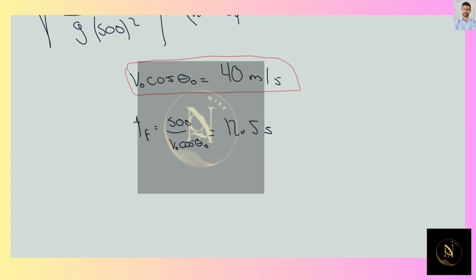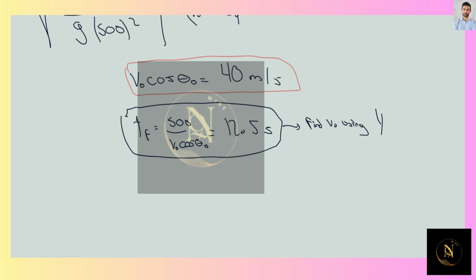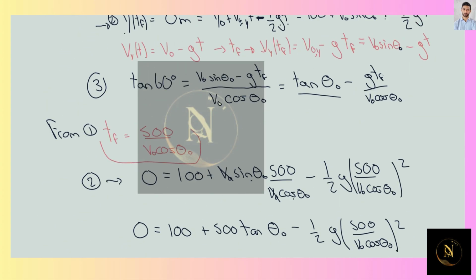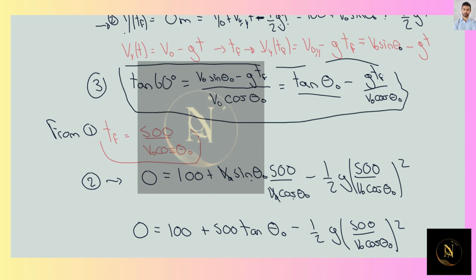We're going to use this time in order to know what should be the value for b0 using the equation of y as a function of time. And additionally, we're going to use the equation that we found for tangent, this equation over here. Since we already know the final time, we can know what is going to be the value for theta 0, since we know b0 cosine of theta 0.